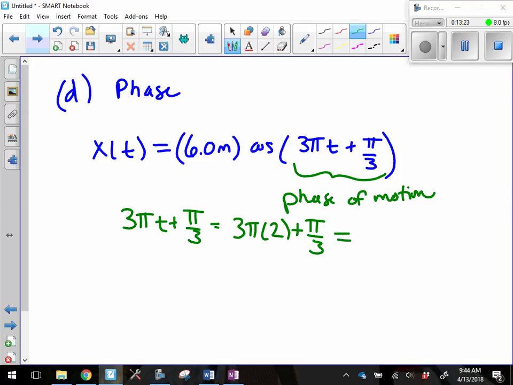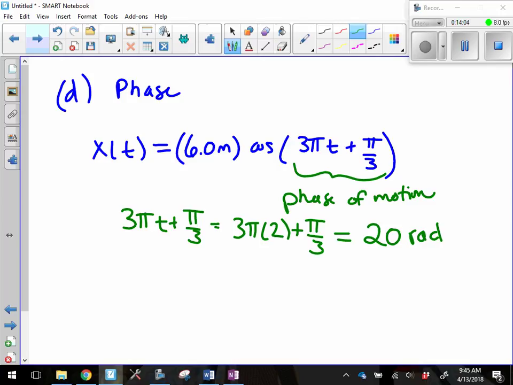Gives me what? So 20 what? What are my units? Well, just radians, actually.